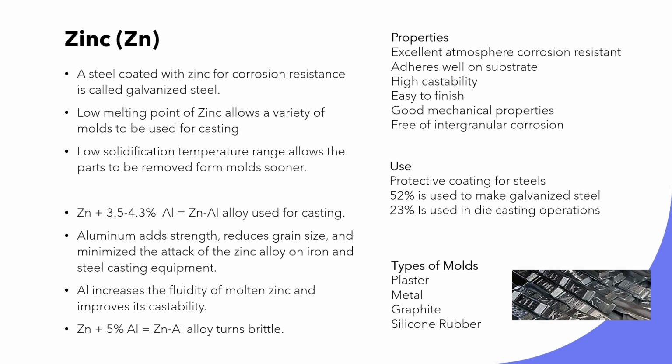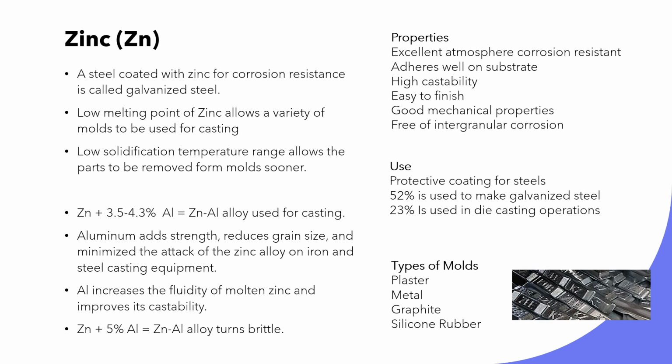Okay, zinc. Steel coated with zinc for corrosion resistance is called galvanized steel. I've already taught you galvanized steel. When you think about it, it's just steel, and we coat that steel with zinc. So a zinc surface on the steel is called galvanized steel.